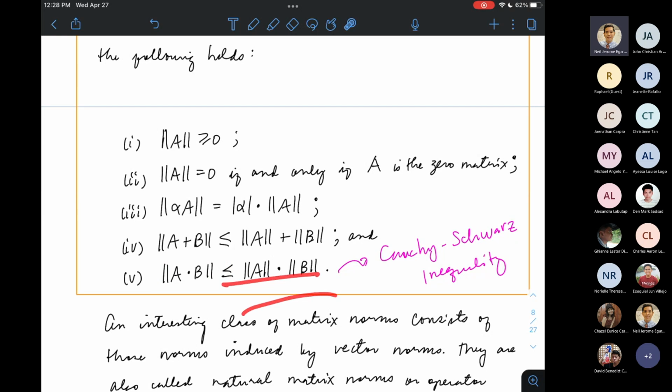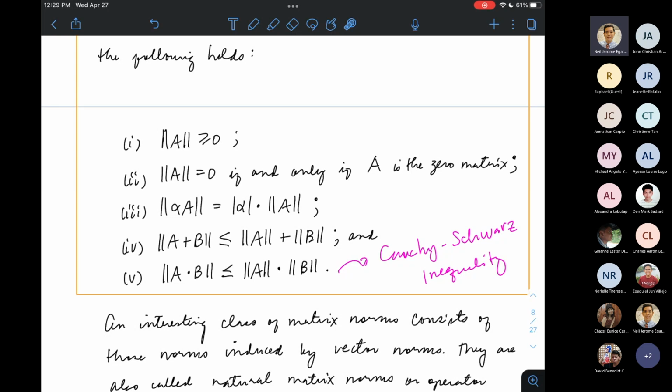And this is also an important result for us para sa convergence analysis. Okay? So pag meron kang isang function that assigns a real number to a matrix that satisfies all these five properties, then that function is a matrix norm. Okay, so you can imagine that there are a lot of matrix norms.